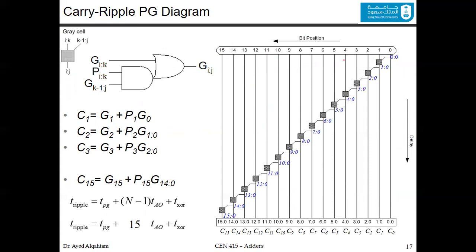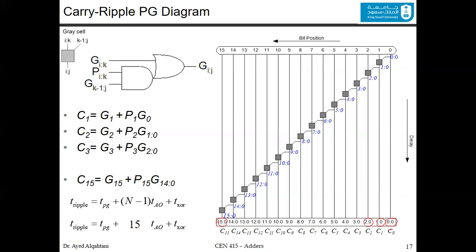So if, for example, you have from 0 to 15 and you want to do the ripple from 0 to 15, you are supposed to get the group generations from 0 to 0, from 0 to 1, from 0 to 2, and so on, all the way until 0 to 15. That is the job of the BG diagram, getting the group generations of the carry.